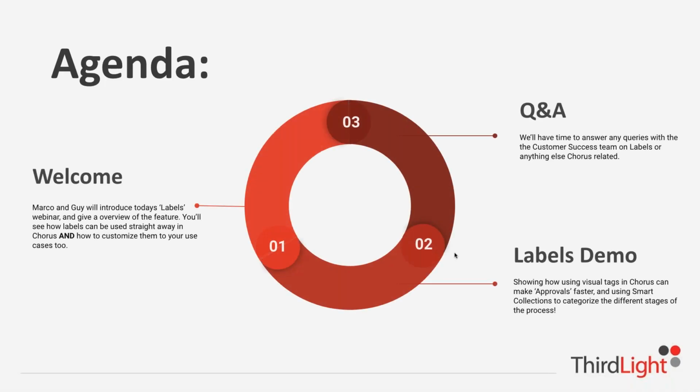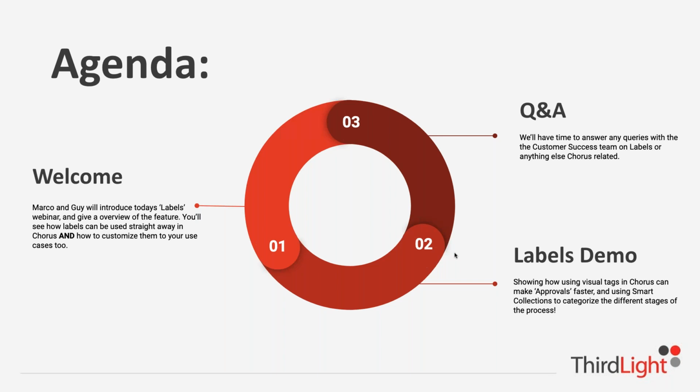So what are we going to be talking about today? We're going to give a good overview of what labels are and explain how they can be used straight away in Chorus, but also, as ever with metadata, how you can customize it to make it your own for your own use cases. I'm then going to jump into Chorus and do a demonstration based around an approval process.